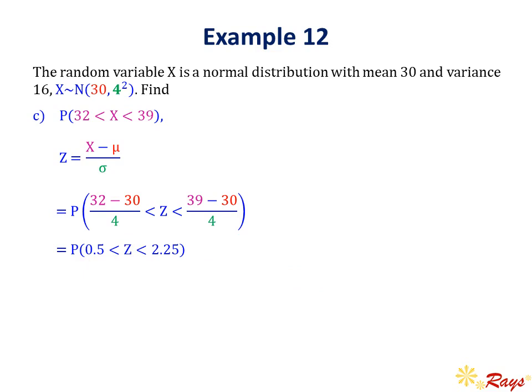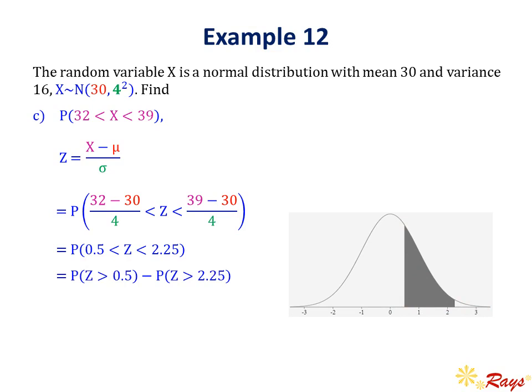And to find the probability for this, we just find the probability of the bigger area minus the smaller area. So that's how it looks like.